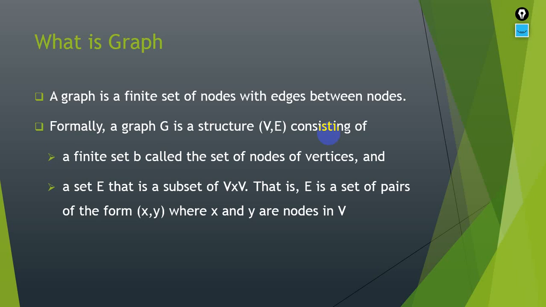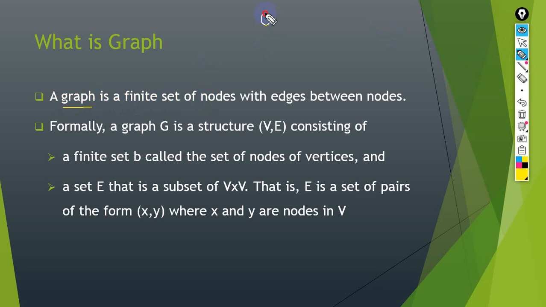Formally, a graph G is a structure (V, E) consisting of a finite set V called the set of nodes or vertices, and a set E that is a subset of V × V, that is, E is a set of pairs of the form (X, Y) where X and Y are nodes in V. So now what does this complete paragraph mean? The definition of a graph is a finite set of nodes.